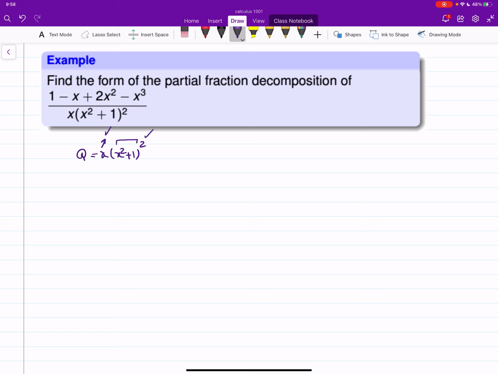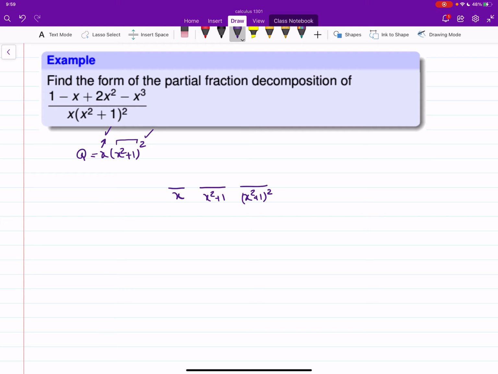So for the linear one, we are going to have just one term because its power is 1. But for the quadratic, since the power is 2, we are going to have 2 of that, one with power 1 and the other with power 2.